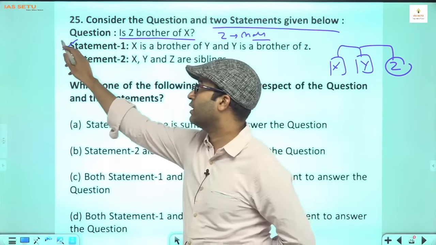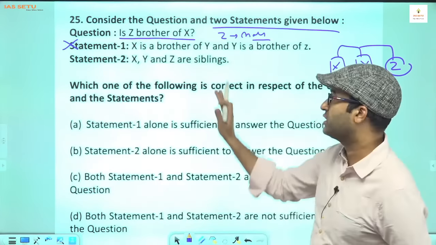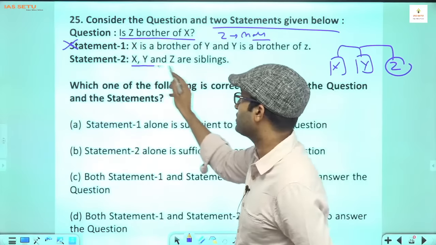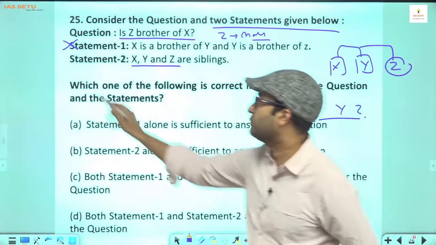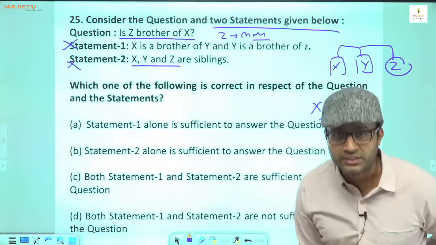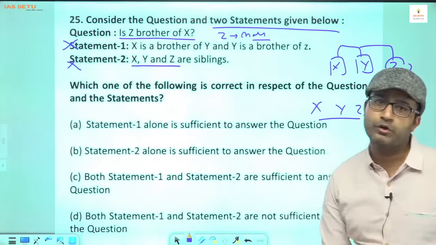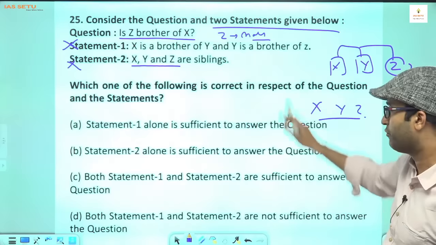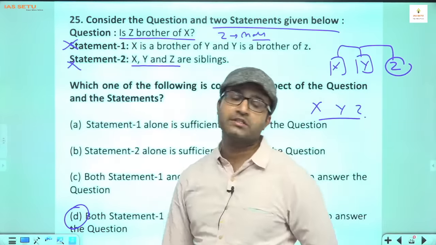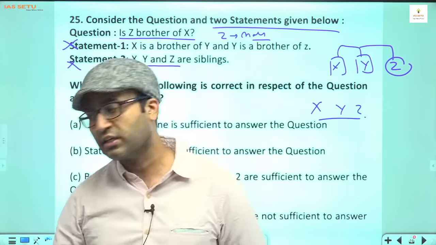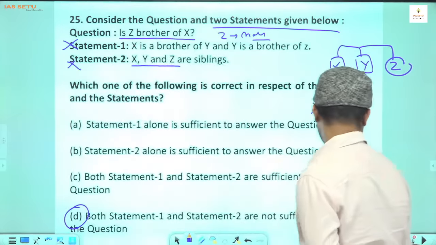So statement 1 alone will not confirm the gender of Z. Statement 2: X, Y, Z are siblings. We don't know who is brother, who is sister. So statement 2 also will not confirm the gender of Z. Z should be male to confirm that Z is the brother of X. So here both statements are not sufficient. So in this question the answer is D, because Z's gender is not confirmed by either statement.